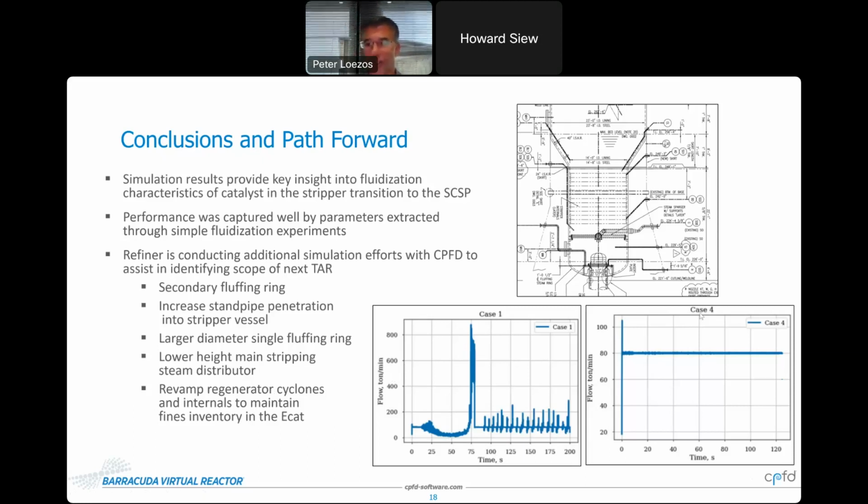I can't tell you specifically which one that is. But as you saw before for case 1, periodically, in this particular case about every 20 seconds or so, you'll see a circulation interruption. If you look at case 4, which is one of the redesign options, we actually see very stable flow.